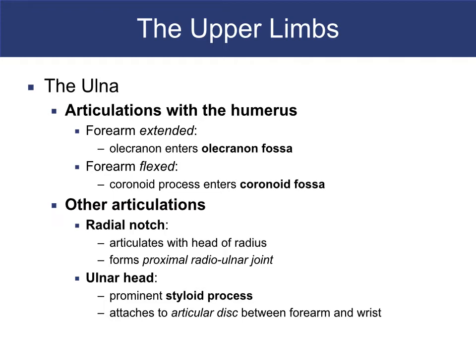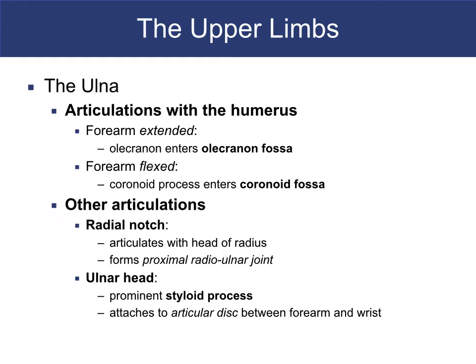A couple of other articulations that you need to be aware of are the radial notch. The radial notch is right here, at the proximal end of the ulna. There's a very clean notch there, and that is where the radius is going to fit in and articulate with the side of the olecranon.